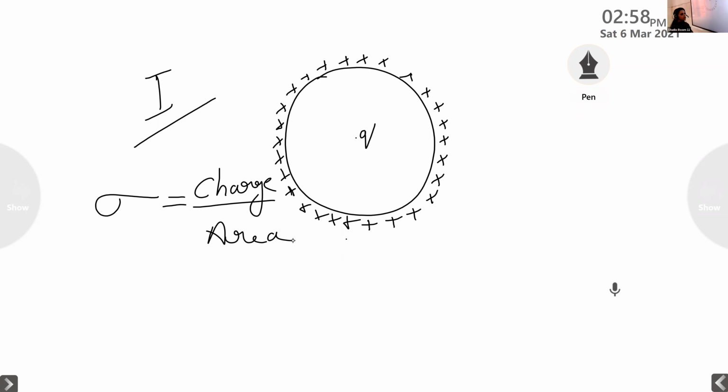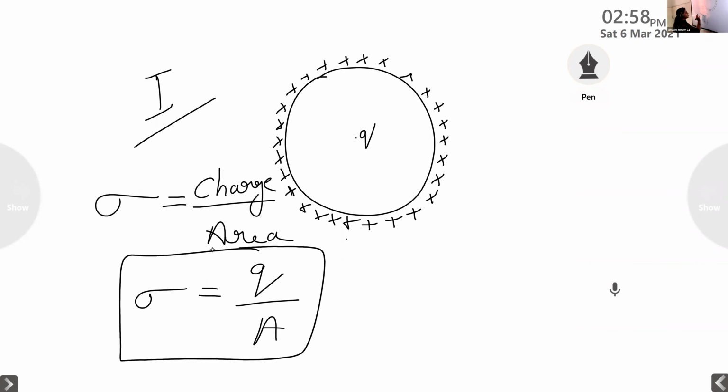What is sigma? Sigma is the surface charge density. Charge is represented by the letter Q, and the area of the spherical shell is given by A. The equation for calculating the surface charge density is sigma is equal to Q by A. Is it clear?